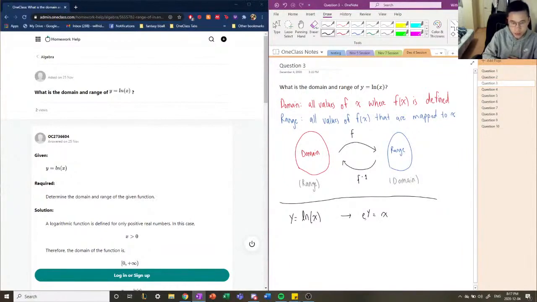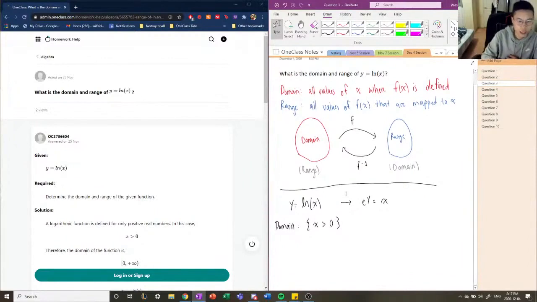So x needs to always be positive, because e is a positive number, and any positive number to any power will always output a positive number. So we reason, by the nature of our function, that x always has to be greater than 0. Okay, it has to be a positive number.